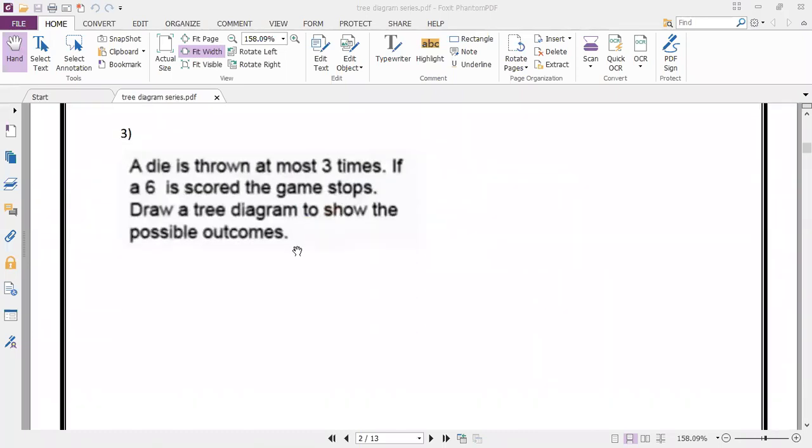A die is thrown at most 3 times. If a 6 is scored, the game stops. Draw a tree diagram to show the possible outcomes. So, Mustafa, tell us, for the first roll, if we roll the dice at the first, what might we get?